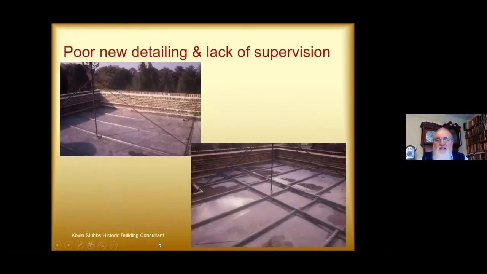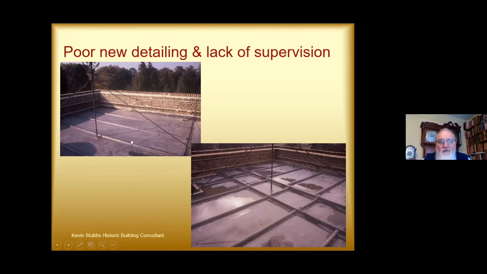So the correct detailing of lead is very important, and particularly a good specification for sheet thickness and sheet size. Sometimes one comes across specifications where the plumber is instructed simply to lift the existing lead and replace it with a modern milled sheet lead.